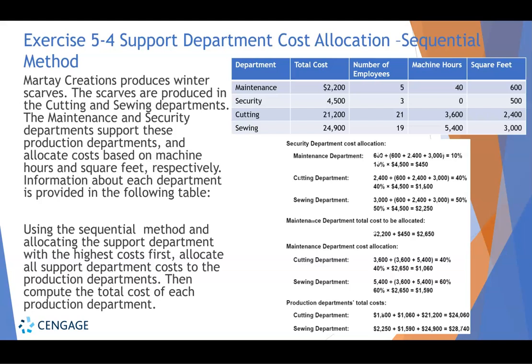When we talk about how we're going to go about allocating it, it's going to be based on square footage. So you see the maintenance department has 600 square feet, the cutting department has 2,400 square feet, and the sewing department has 3,000 square feet. So a total of 6,000 square feet.